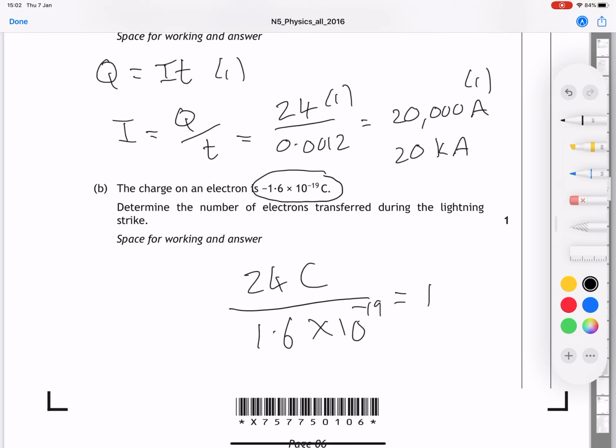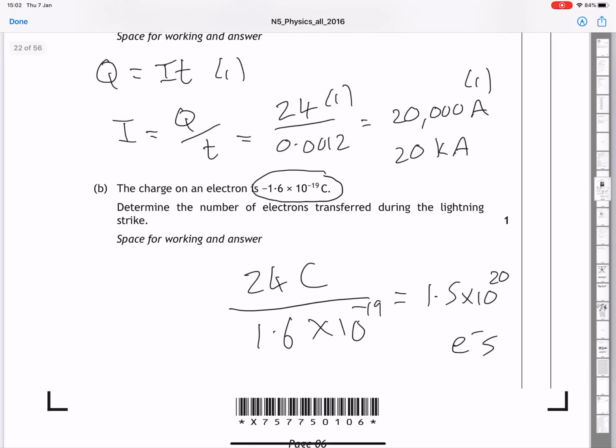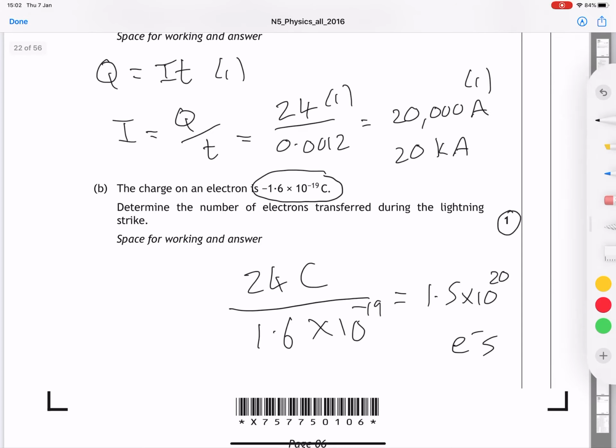That should give you 1.5 times 10 to the 20 electrons. That's how many there were. Quite a lot. That was 1 mark for that, if you got it.